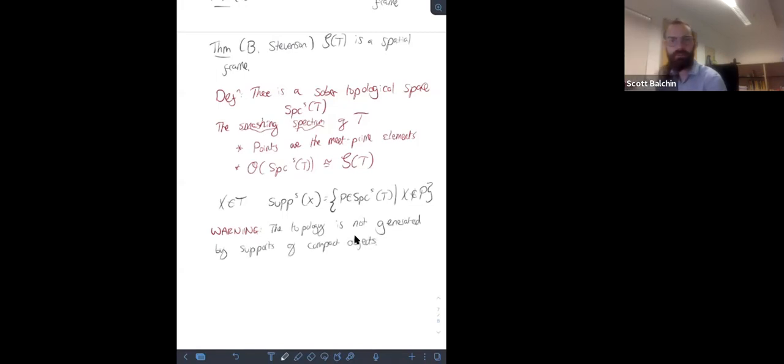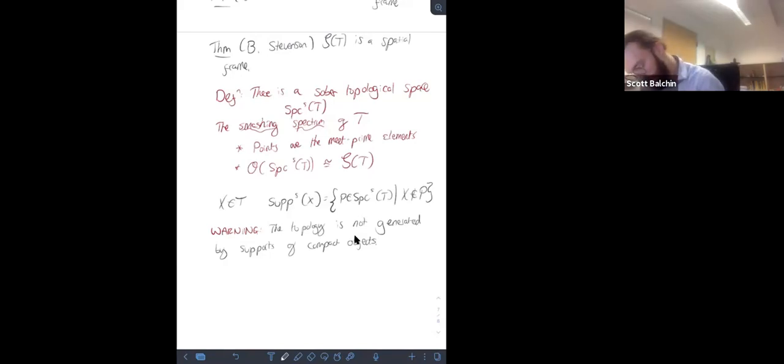I write this down because for the Balmer spectrum, we're able to write down the topology using the support of compact objects. Here, that's not the case. We expect trouble when the telescope conjecture fails, and this is exactly when this is going to fail. We'll see an example later. But the point is, you couldn't have just written down this space and written down the correct topology, really. We really had to come from this pointless point of view to get to this stage.